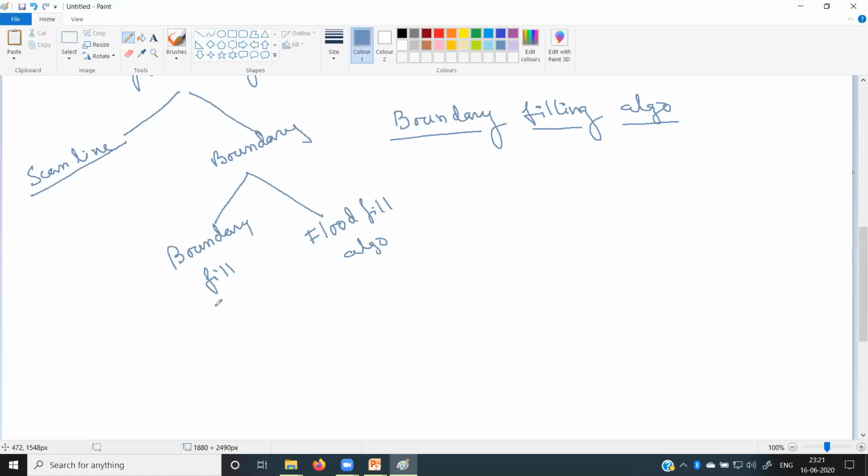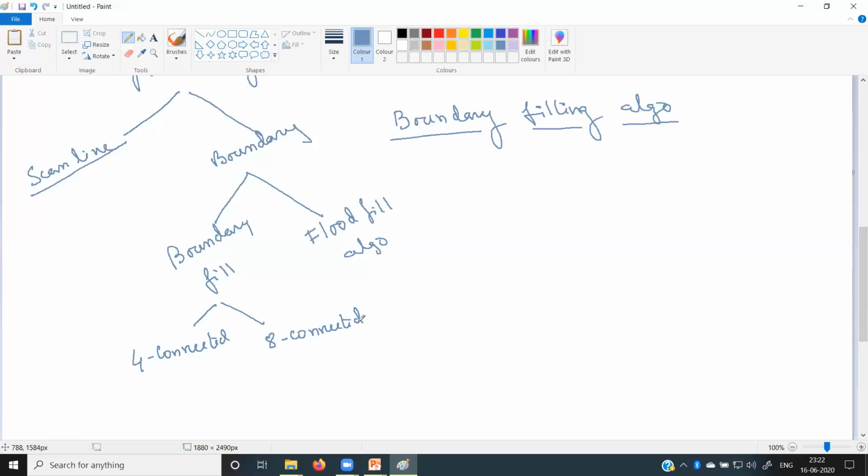Again, the boundary filling algorithm can be divided into two classes. One is called the 4 connected algorithm and the second one is called the 8 connected algorithm. The concept is very simple for the boundary filling algorithm. What we have to do is take a point which is inside of the polygon. Initially we start from a point inside the polygon.